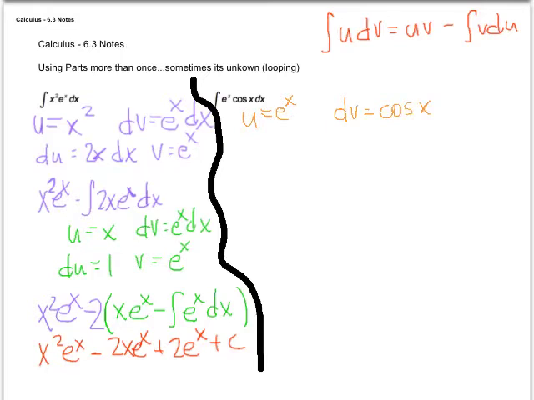So when I look at du, I get e to the x dx, and v, when I integrate that cosine, just becomes sine x. So I use my formula. I get uv, so e to the x sine x, minus the integral of v du, so e to the x sine x dx.